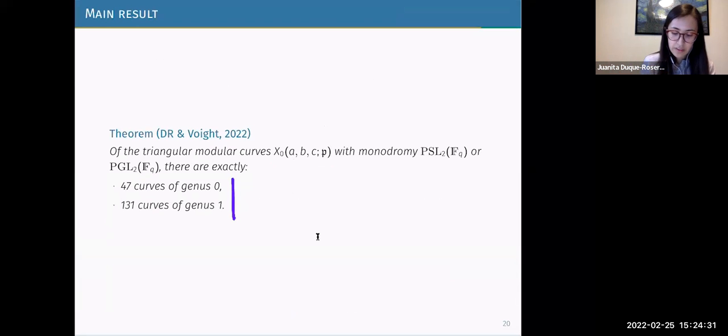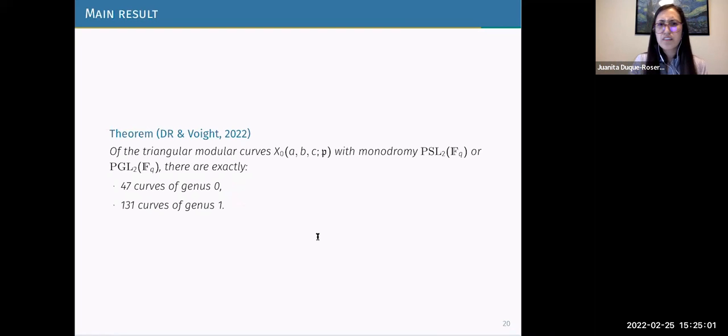And we found that there are exactly 47 curves of genus 0, and then exactly 131 curves of genus 1. And now that we have these curves and we know that they come from Belyi maps, the next step will be to understand the rational points on these curves. And that can tell us some information about our hypergeometric abelian varieties.